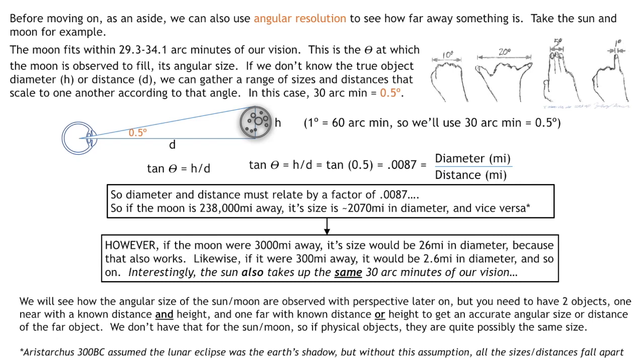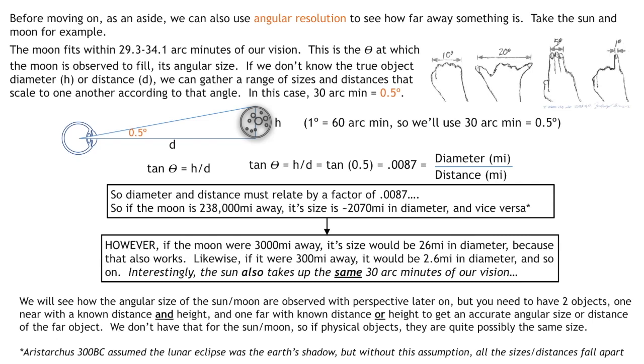So if it's 238,000 miles away, its size is therefore about 2,070 miles, which is what the heliocentric model believes to be the case. However, if the moon were 3,000 miles away, its size would be 26 miles in diameter, because that also works. It's the same ratio. Likewise, if it were 300 miles away, it would be 2.6 miles in diameter, and so on.